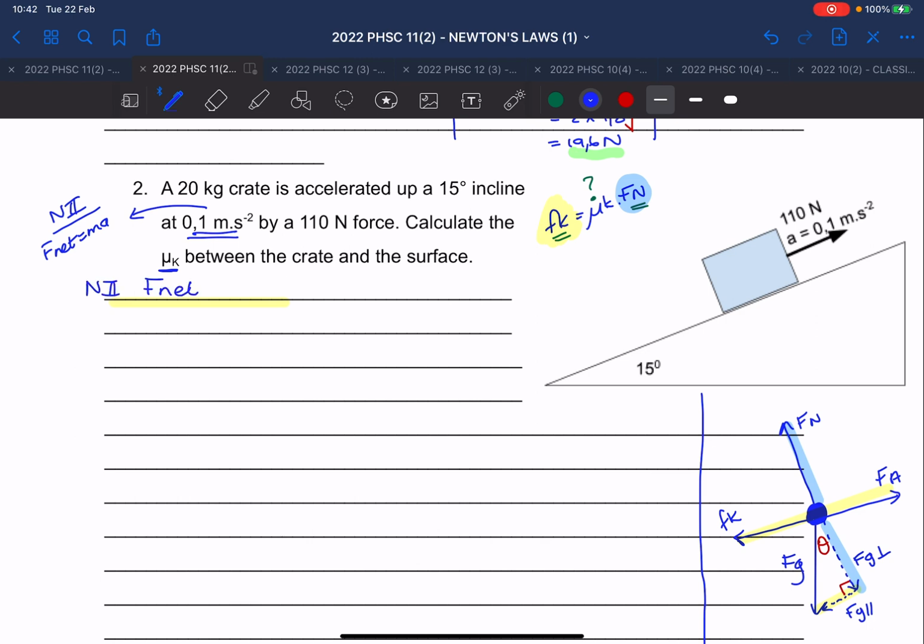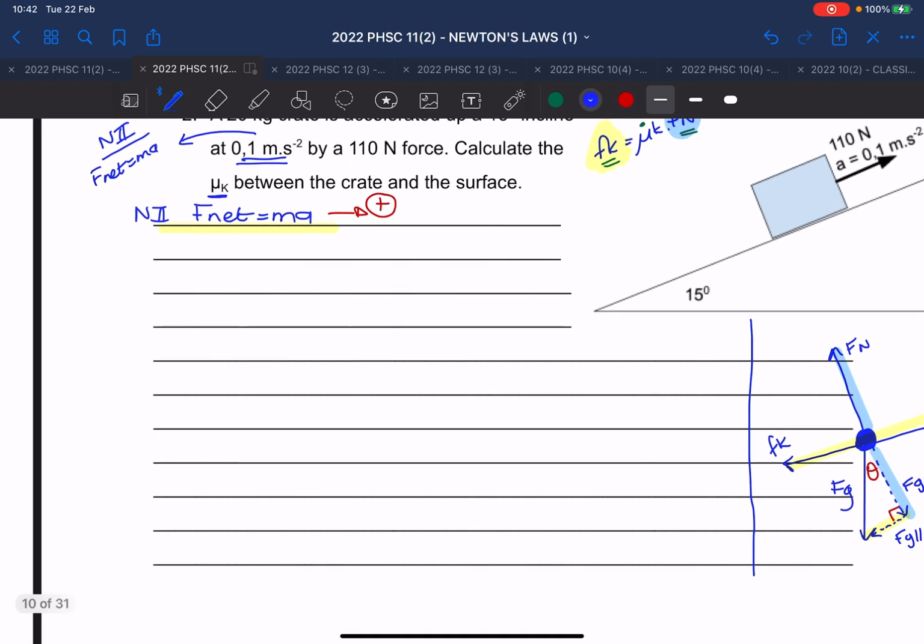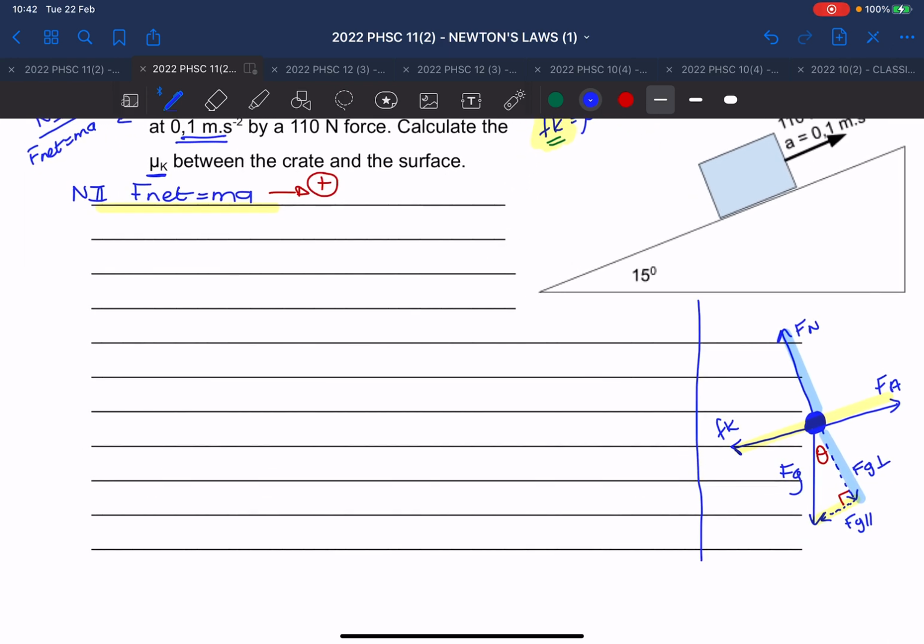So F net is equal to M times A. Antoinette, in which direction is it accelerating? To the right, so we choose to the right to be positive. Okay, so we have FA minus FK minus FG parallel is equal to M times A. Why minus?